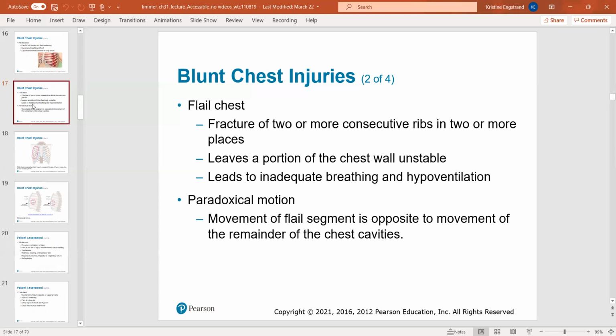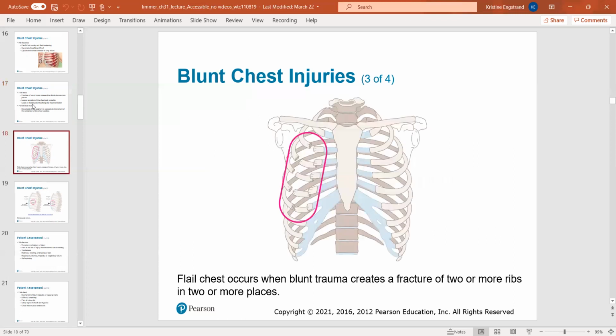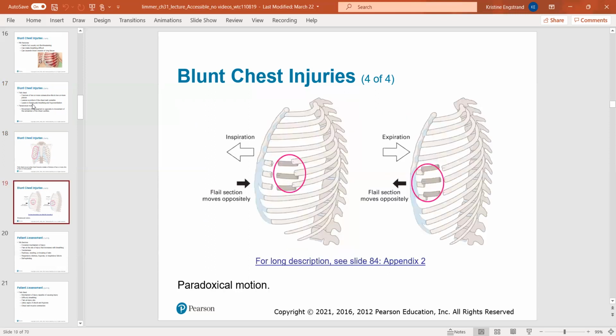These patients are going to do the opposite. That's that paradoxical motion. When they breathe, it's going to suck in. So it's going to look a lot different. So there it is, there's the flail chest. We've got 2 or more ribs broken in 2 or more places, causing that chest wall, that thoracic protection, to be compromised. So there's that breath in, and the flail is going to move in the opposite direction.